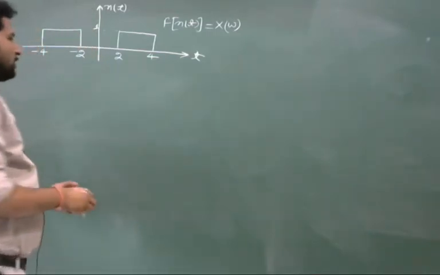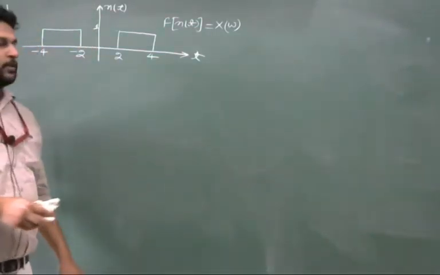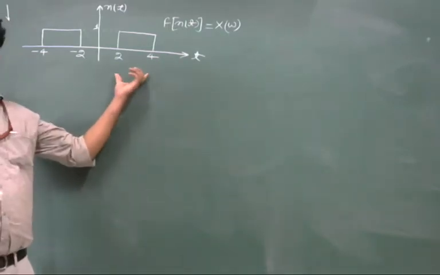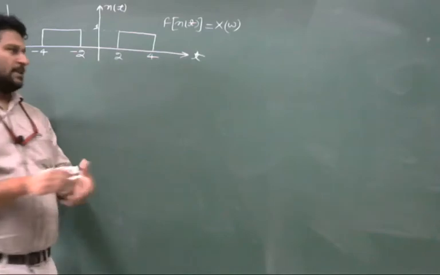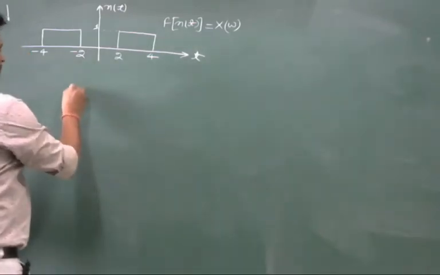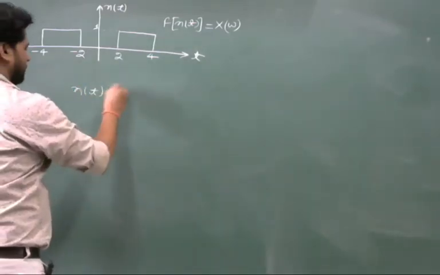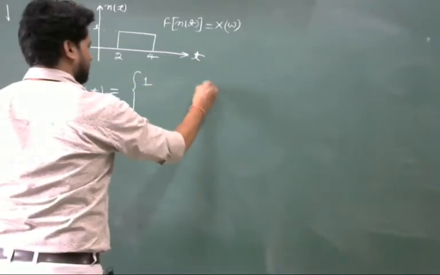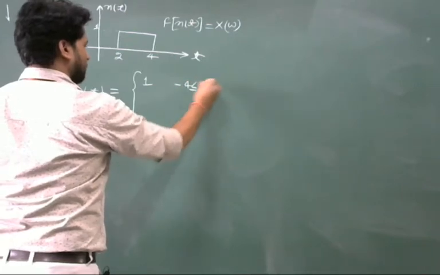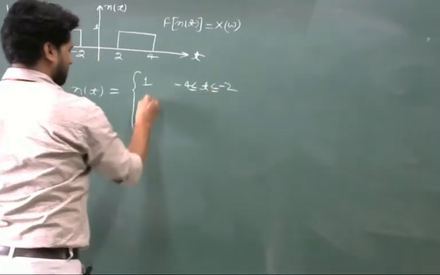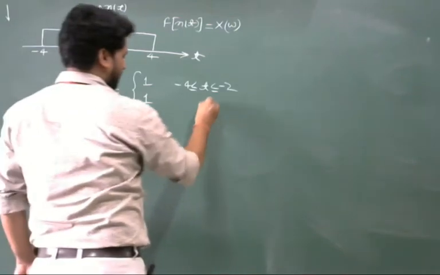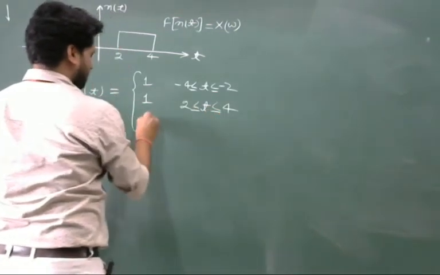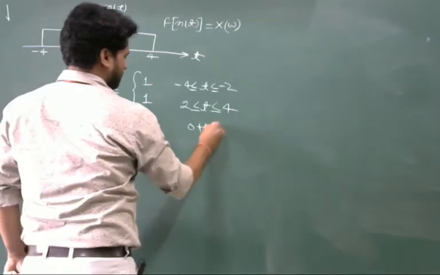So before going to the formula of Fourier transform, we will write this graph in the form of mathematics. I will write the definition of this signal as x(t) is equal to 1 when t is from -4 to -2, and it is 1 when t is from +2 to +4, and it is 0 otherwise.